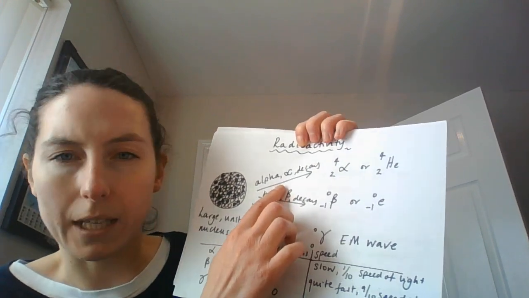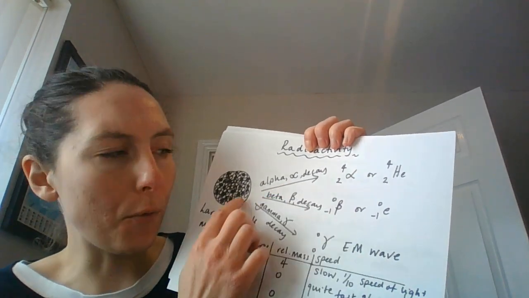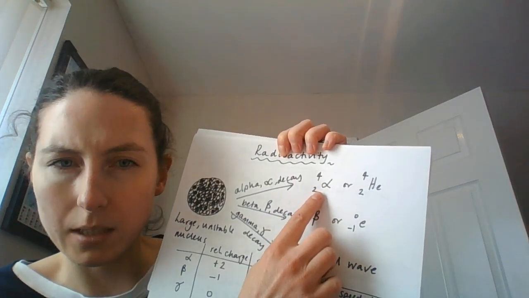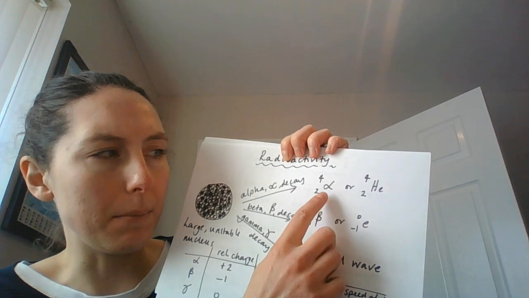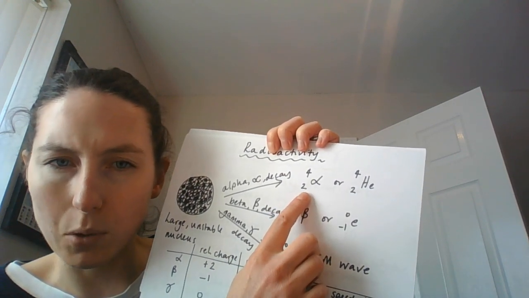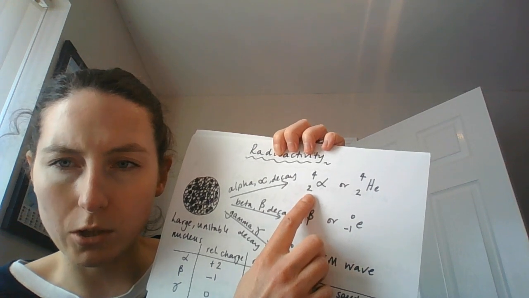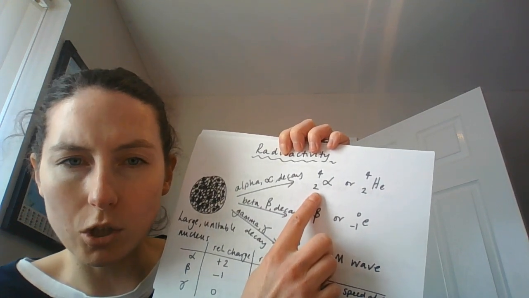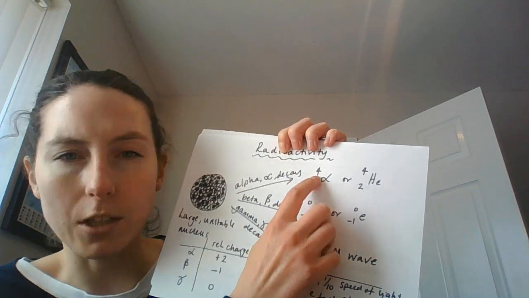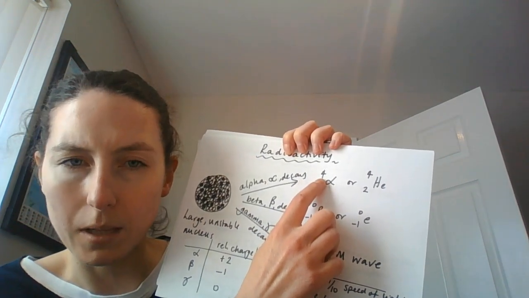To undergo alpha decay, what this means is from the nucleus, we have an alpha particle that is emitted. Now, an alpha particle is made up of 2 protons. So you can see in a similar way to the other symbols, we've got a 2 down there representing 2 protons, and 2 neutrons. So 2 protons, 2 neutrons. It has an overall mass of 4.